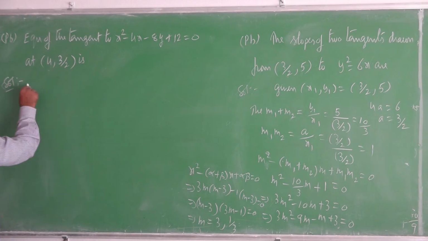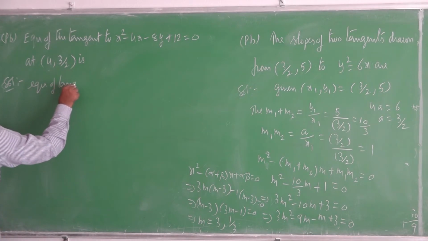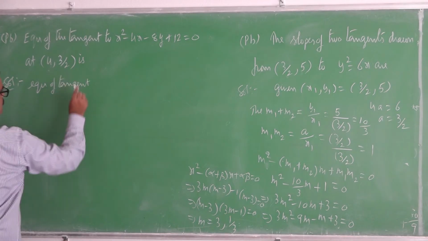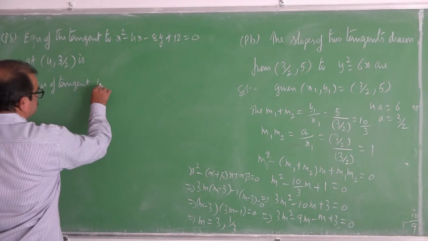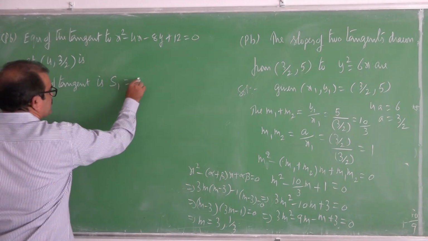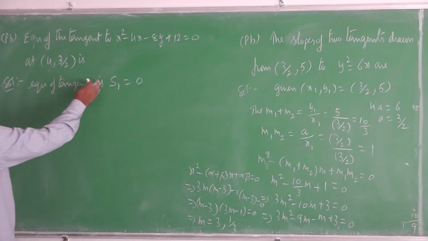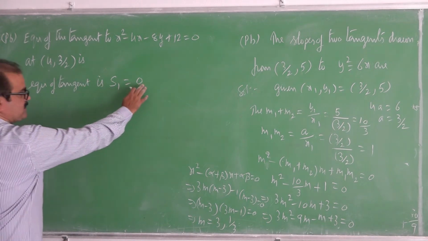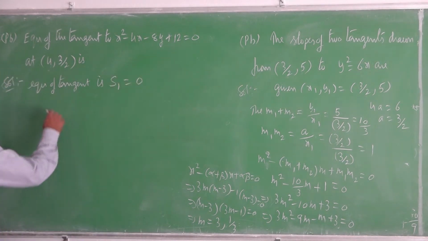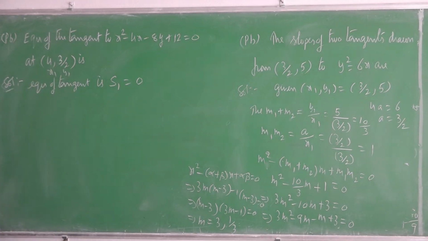We know the equation of tangent to any parabola is S1 is equal to 0. Equation of tangent to any curve, either it is a parabola or circle or ellipse or hyperbola, is S1 is equal to 0. See, what is the given point x1, y1? (4, 3 by 2).